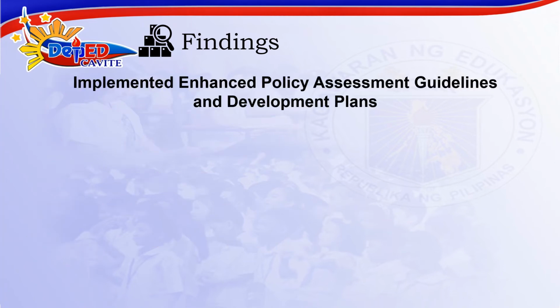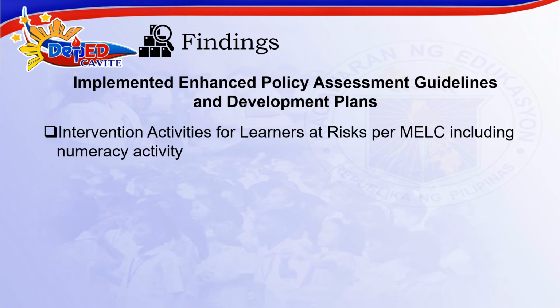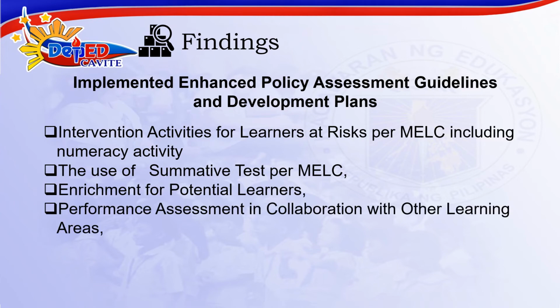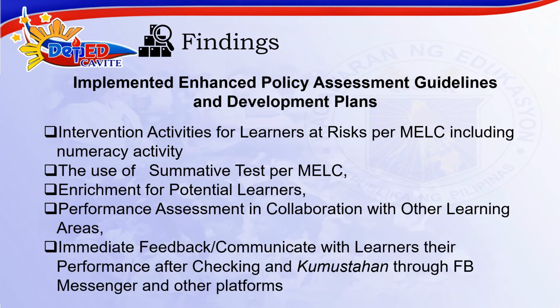We have the implemented enhanced policy assessment guidelines and development plans, intervention activities for learners at risk per MELC including numeracy activity, the use of summative tests per MELC, enrichment for potential learners, performance assessment in collaboration with other learning areas, and immediate feedback or communication with learners on their performance after checking, and kumustahan through FB Messenger and other platforms.